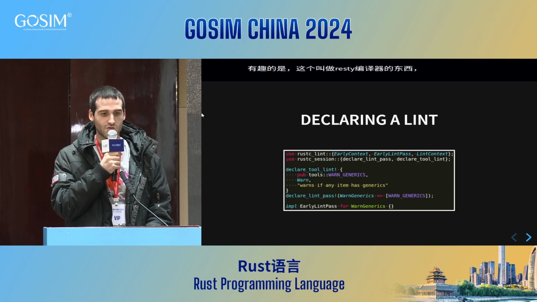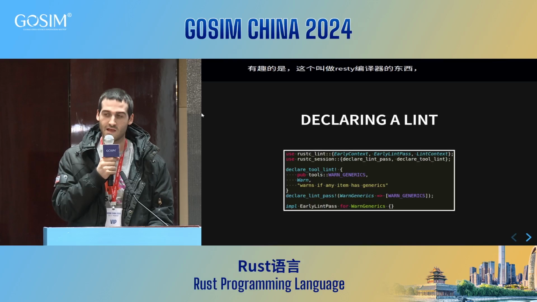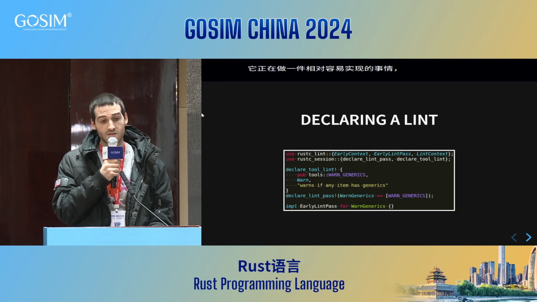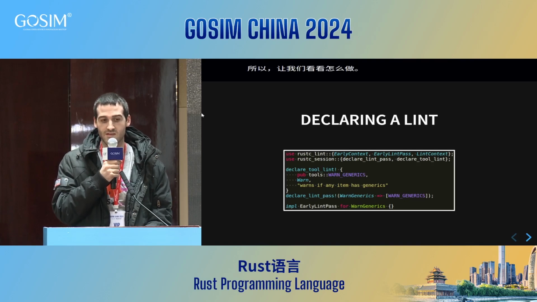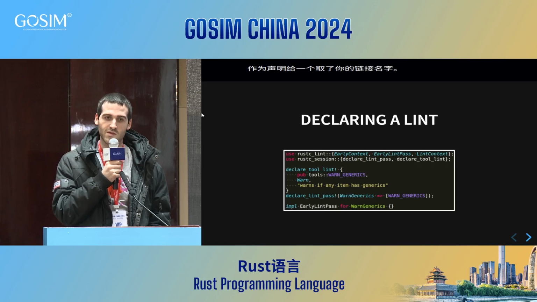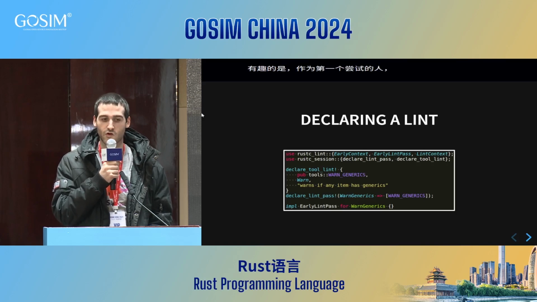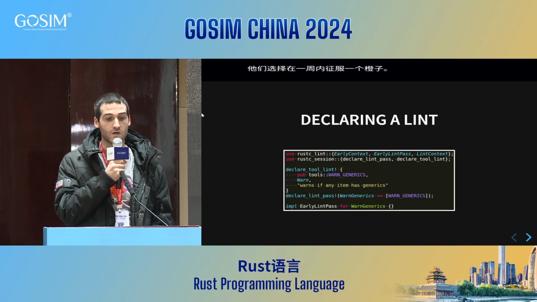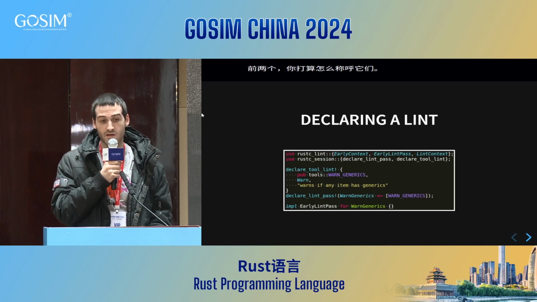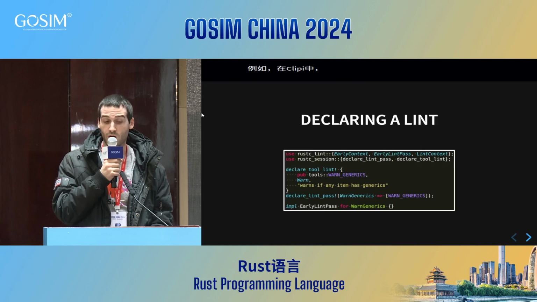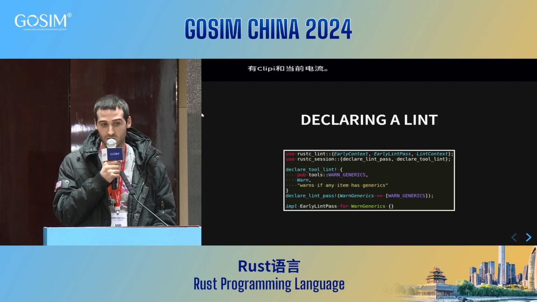The declare_tool_lint takes the name of your lint. What's interesting is that in the first line, pub tools::lint_generics, the first tools is how you want to name it. For example, in Clippy, they are clippy::, but in here we are gonna name them tools. Why not? And in this case, we wanted to warn if there are generics. That will be our example.